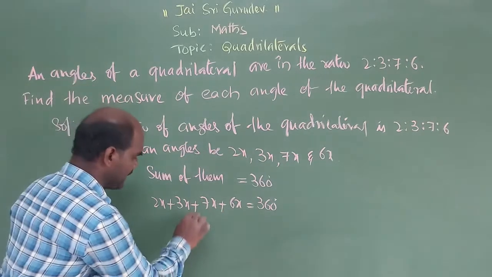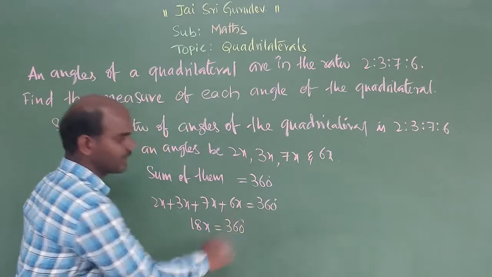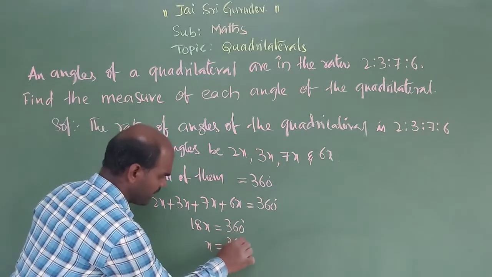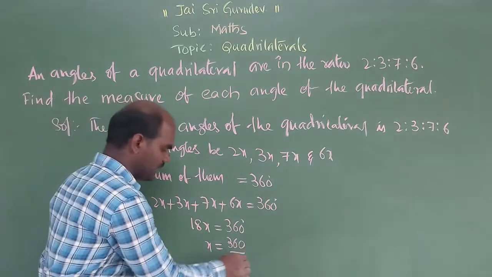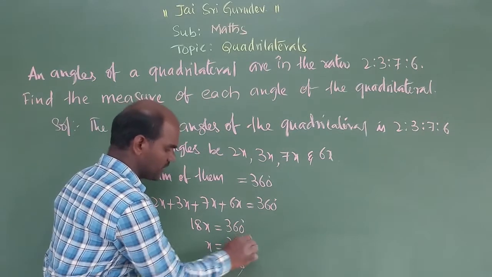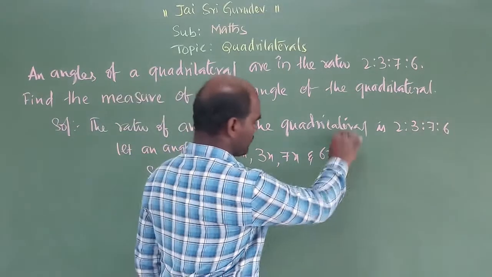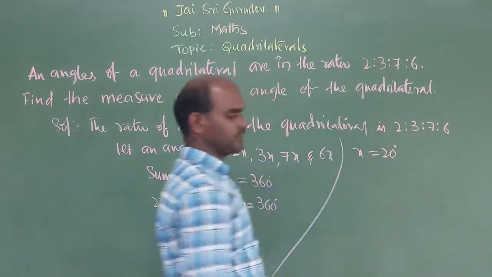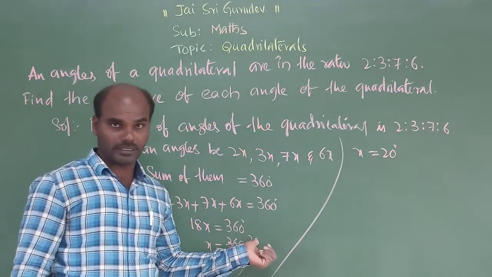So 18x is equal to 360 degrees. Then x is equal to 360 by 18, no, children? 18 ones are 18, 2s are 36, remaining 0. So x is equal to how much, children? 20 degrees. Yes or no?